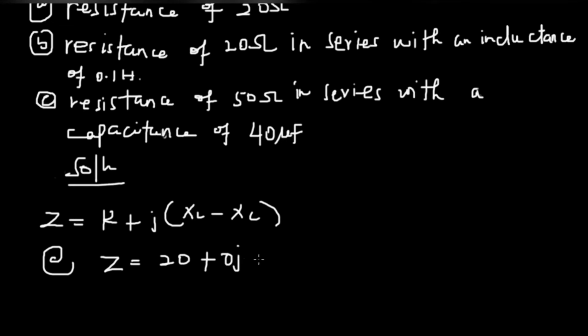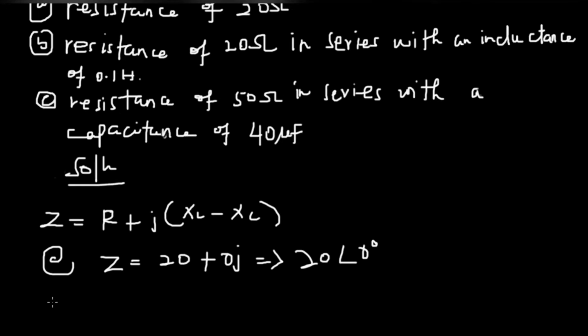You can punch this straight into your calculator to get the polar form. This is the rectangular form, and we are now converting to polar. For polar form we have 20 at an angle of 0 degrees. I've already taught you how to do this in complex algebra, so you just have to follow the procedure.